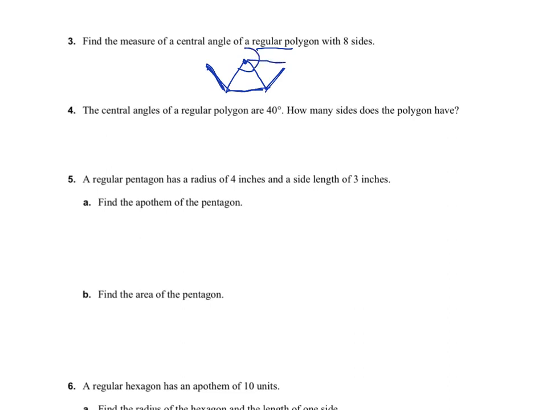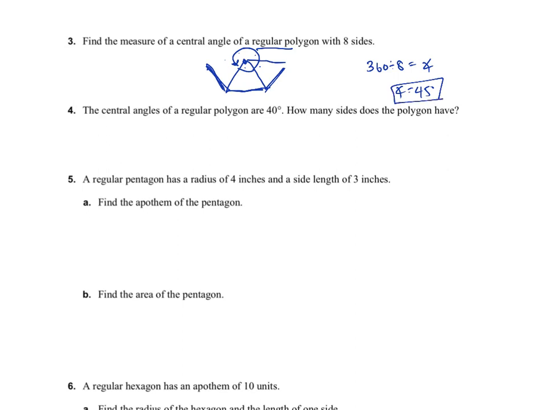Remember, all these central angles will add up to be 360. And if it's got 8 sides, that means there's going to be 8 of these angles. So 360 divided by 8 is going to be the central angle. So the central angle is going to be 45 degrees on this one.